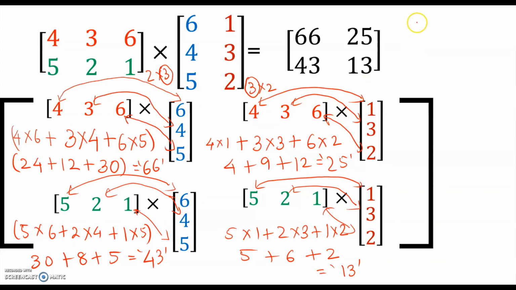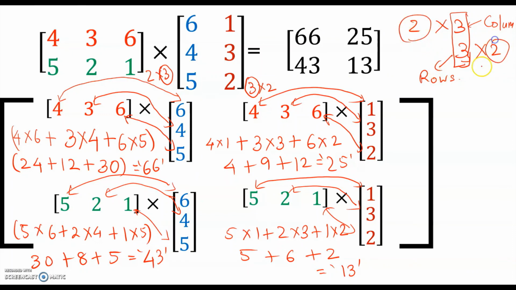When you do a 2 by 3 matrix with a 3 by 2 matrix, note these two numbers should be equal. The columns in the first matrix should be equal to the rows in the second matrix. Your end result would be a 2 by 2 matrix.